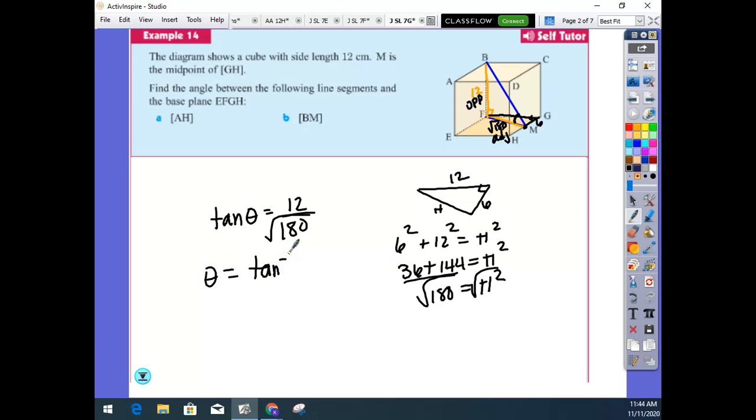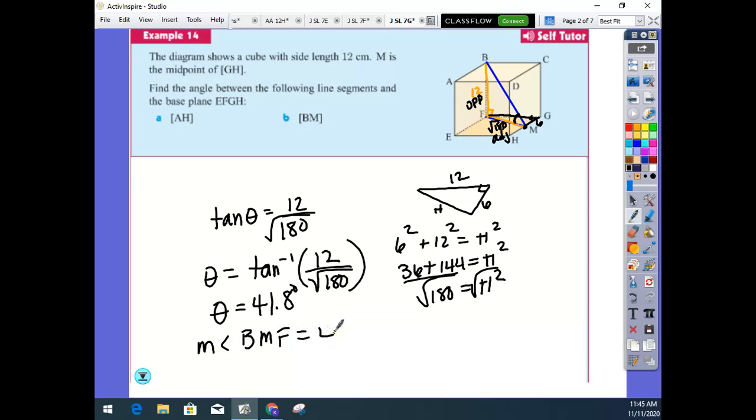Take tan inverse of 12 divided by the square root of 180, and my angle should be 41.8 degrees. So the measure of angle BMF is 41.8 degrees.